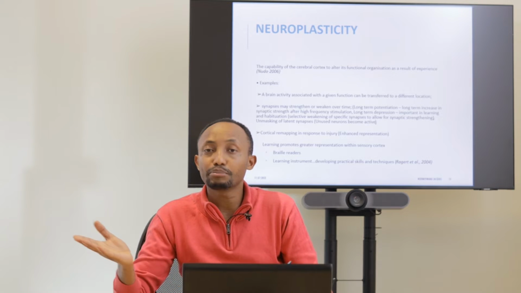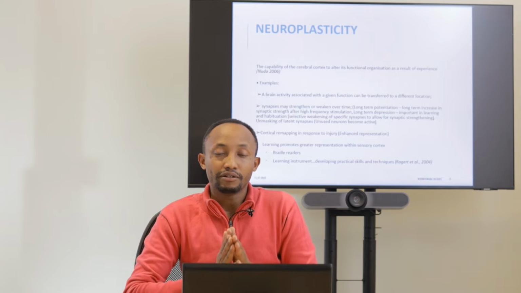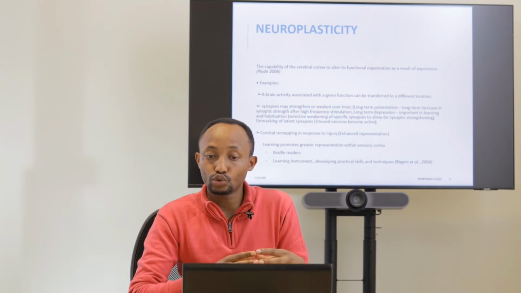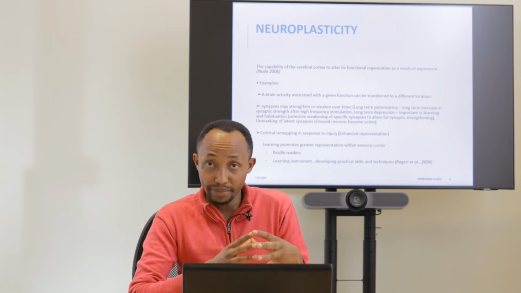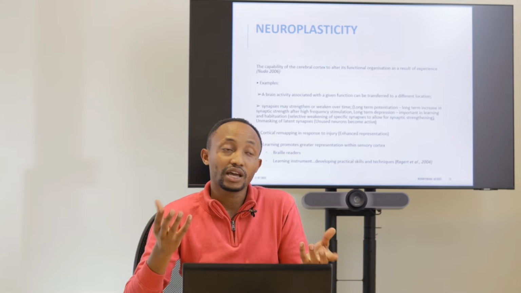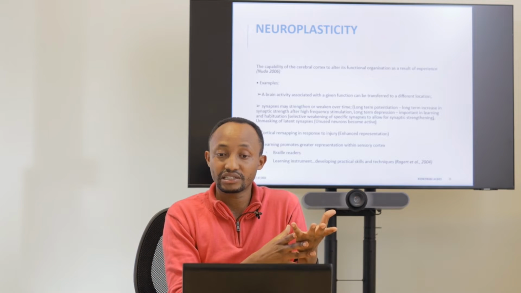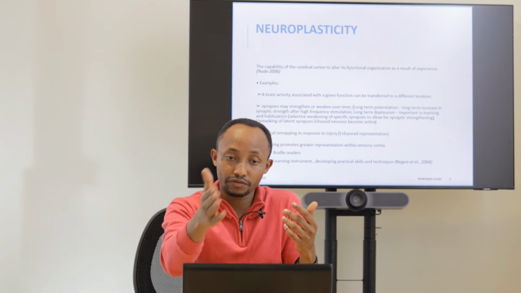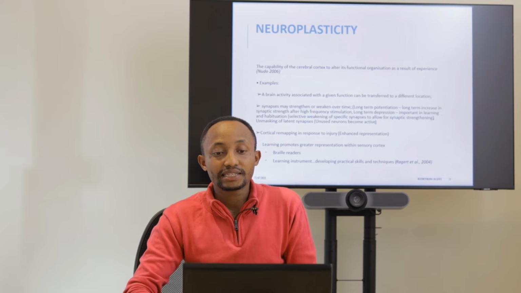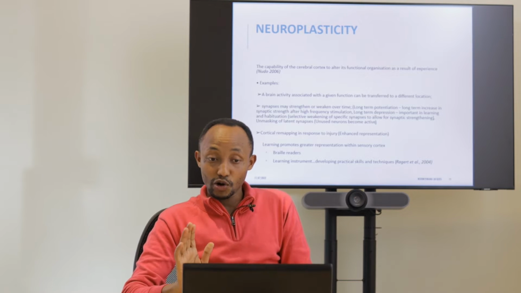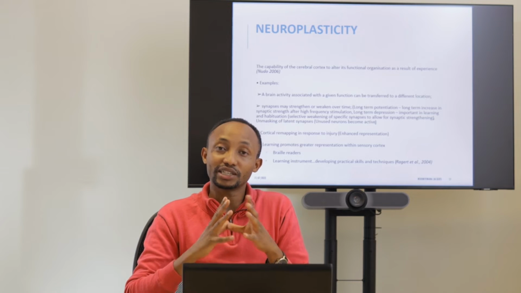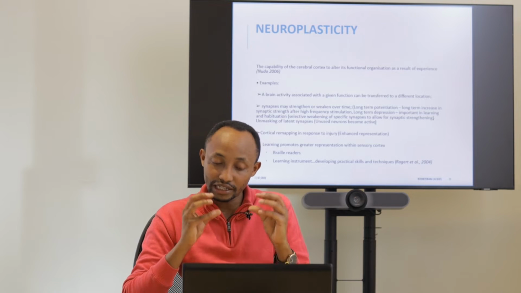So we have examples of how it works. For example, brain activity associated with a given function can be transferred to a different location. I mentioned this when I gave the example of one becoming blind and the hand becoming more hypersensitive. That's one of the ways neuroplasticity occurs. Or maybe synapses. By the term synapse, I believe the audience would know what a synapse is, but I can go back and explain a little bit.